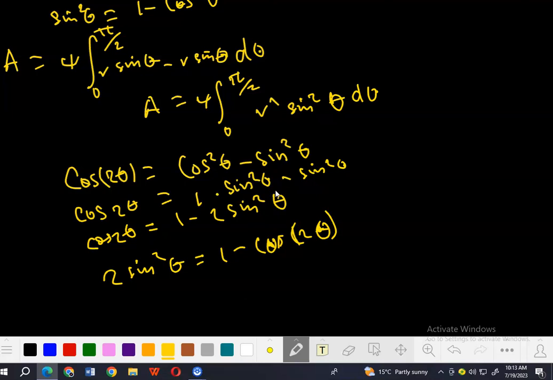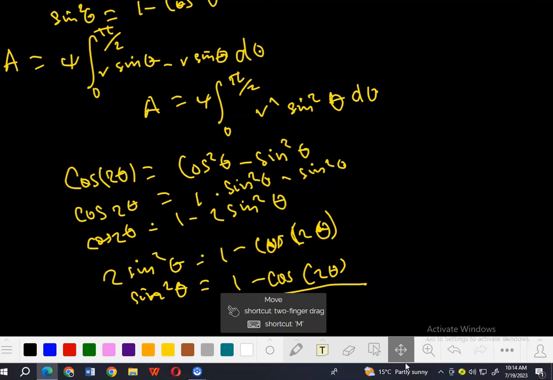Math is sweet, eh? So from here, you can now write down that sine squared theta equals 1 minus cosine of 2 theta, then divide the whole of this by 2. Then you take whatever you have here and replace in our original equation.